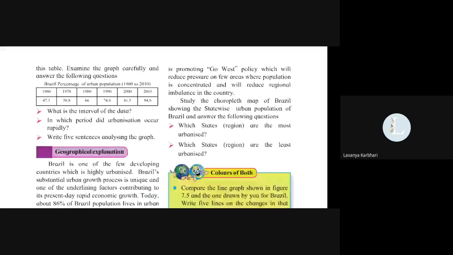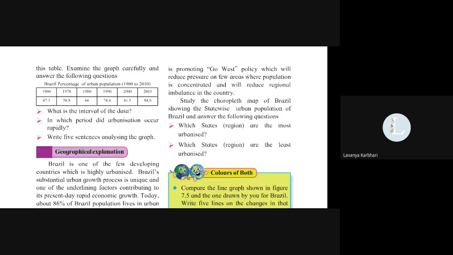It means the government is saying go to central Brazil, go to the west side of Brazil. Maybe they are giving some subsidies, some benefits to the people. Because of that, the pressure will get reduced on a few areas where the population is very high, and the regional imbalance is also reduced in the country.